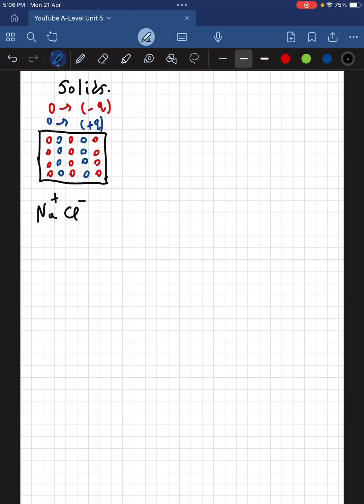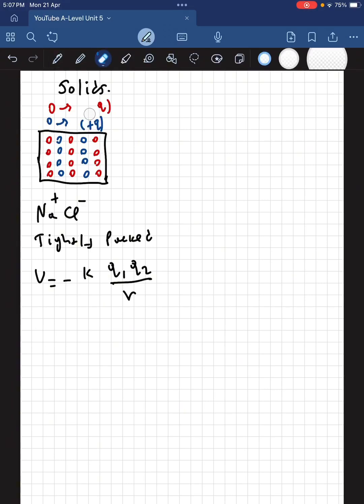So in a solid, these two ions, red and blue, are closely packed, so this is a tightly packed situation, and the electric potential energy is given by V = -kQ1Q2/R. Let me erase this, sorry guys for the confusion. Let's name this Q1.